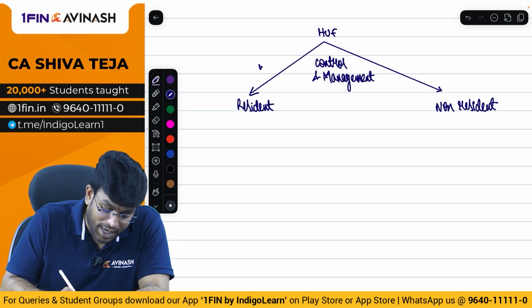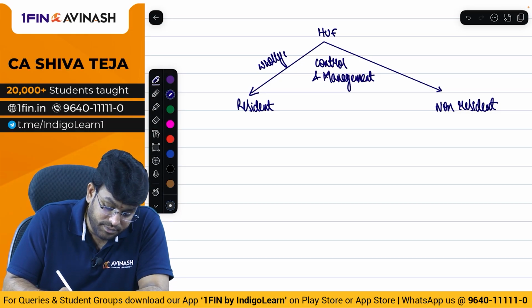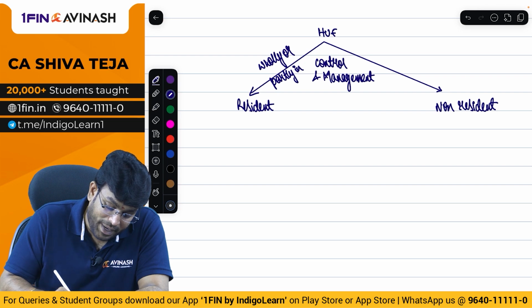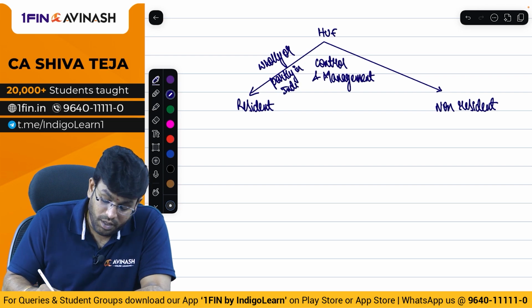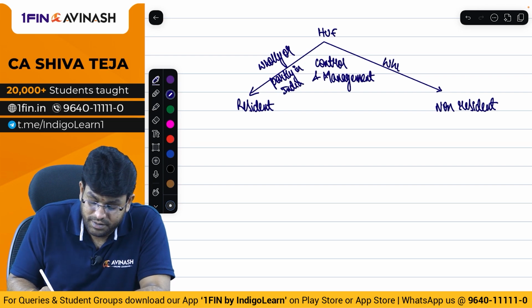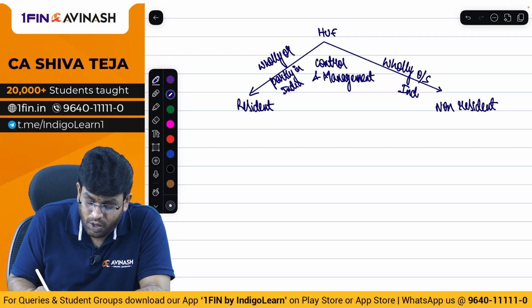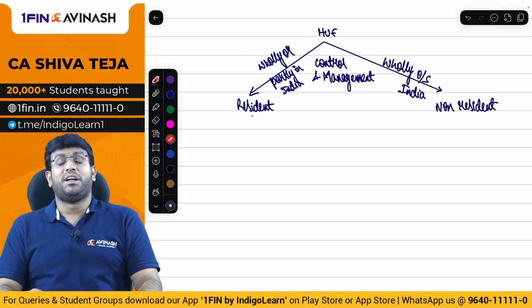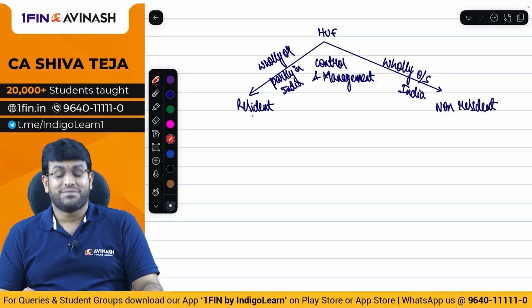If control and management is wholly or partly in India, we'll treat it as resident. But if control and management is wholly outside India, we'll treat it as non-resident.